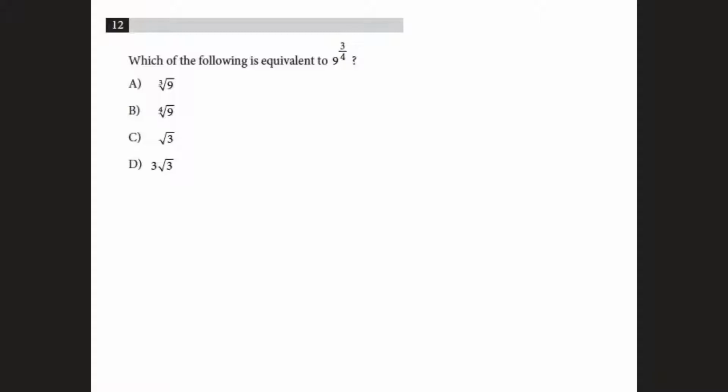All right, which of the following is equivalent to 9 to the 3/4? Well, this is a power with a fractional exponent. We know that the numerator is going to be an exponent, and the denominator is going to be a root.